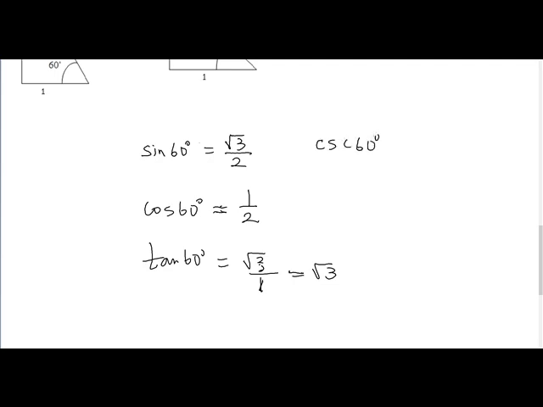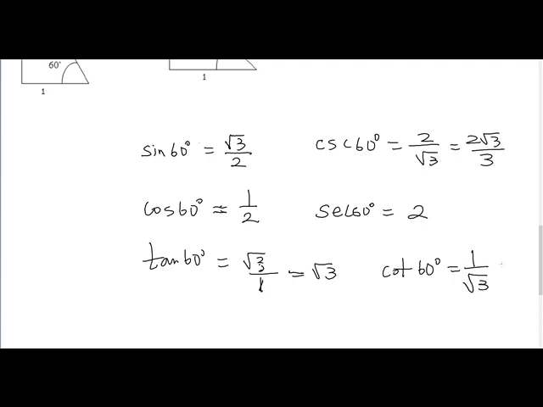Cosecant 60 degrees is the reciprocal of sine, which is 2 over square root of 3. If you rationalize it, it's 2 square root of 3 over 3. Secant 60 is the reciprocal of cosine, so it'll be 2. And cotangent 60 degrees is the reciprocal of square root of 3, which is 1 over square root of 3, and square root of 3 over 3 is the cotangent.